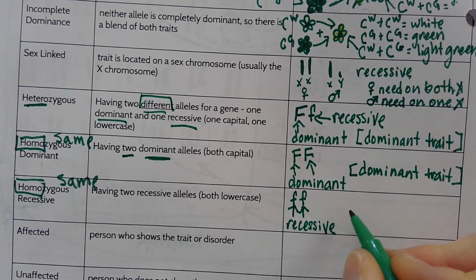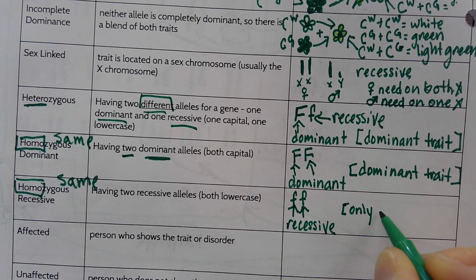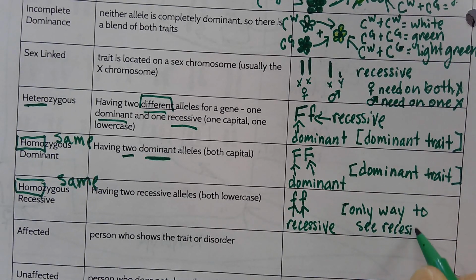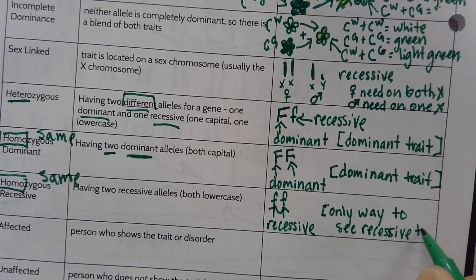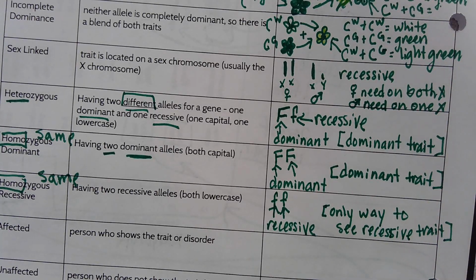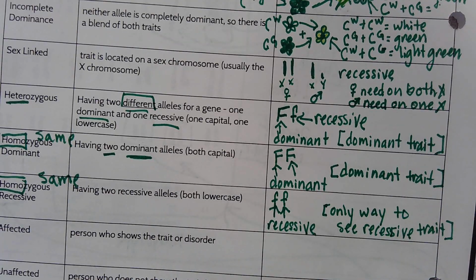That's the only way you see a recessive trait, if there's two recessives.